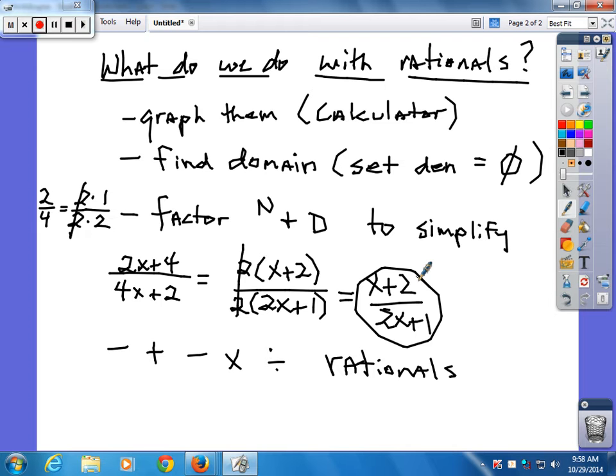So we can graph, we can find the domain, we can factor and simplify or reduce, and we can add, subtract, multiply, and divide. And these basically follow the same rules that you learned back in high school or junior high or wherever.